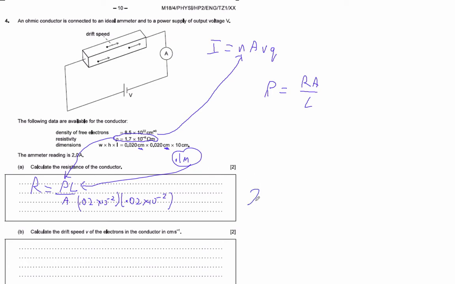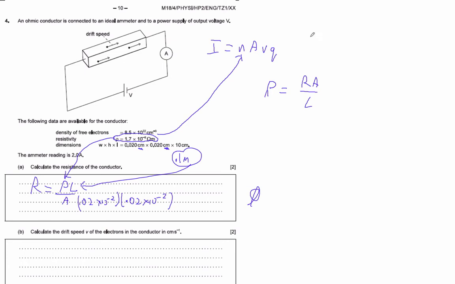Then it says calculate the drift speed of the electrons in the conductor in centimeters per second. I think I did it in centimeters. So we're going to use this formula.